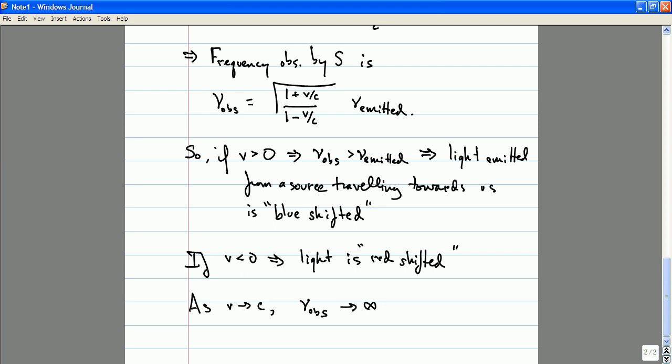Whereas as v goes to minus c, meaning you have a source moving away from you at a velocity approaching the speed of light, then the observed frequency goes to 0. So if nu observed is going to infinity, that means you have infinitely blue shifted gamma rays, which carry, as v approaches c, an infinite amount of energy.